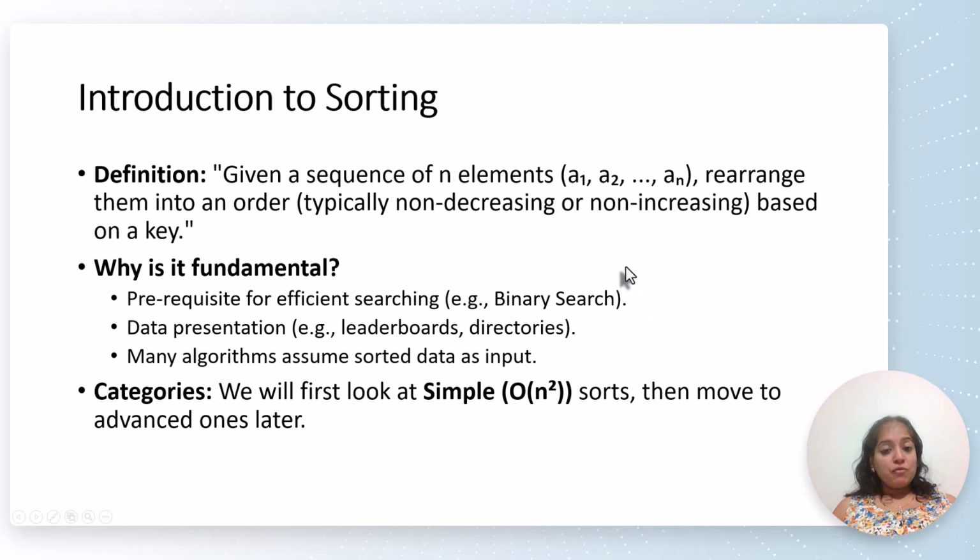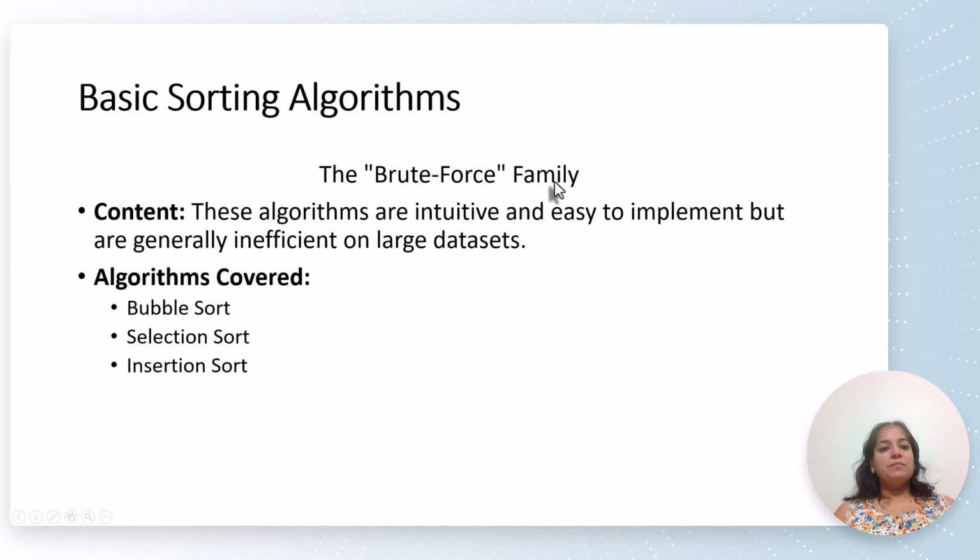First of all, we will discuss some basic sorting algorithms which have a complexity of big O of n squared. And then we will move towards the advanced ones like merge sort in the next week. These basic algorithms belong to the brute force family.